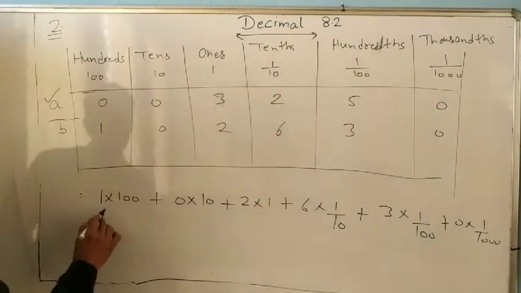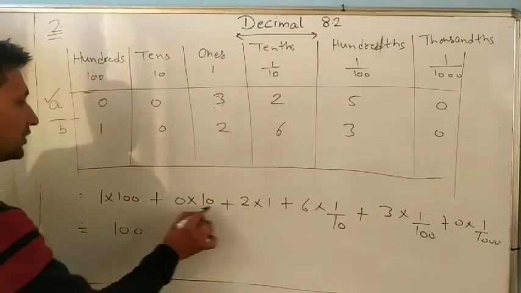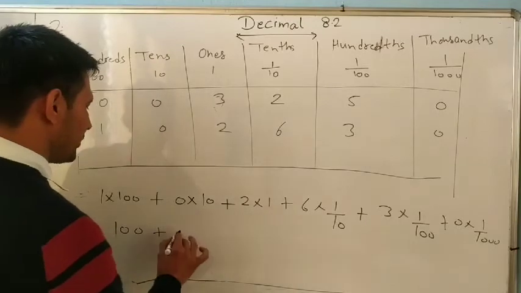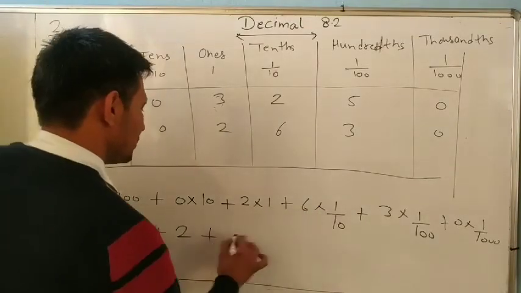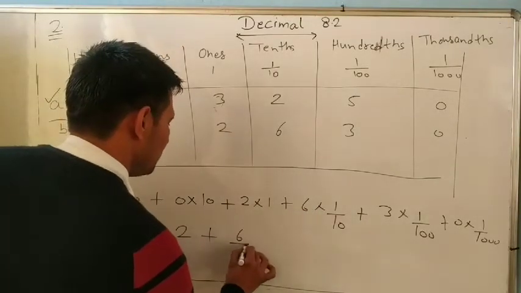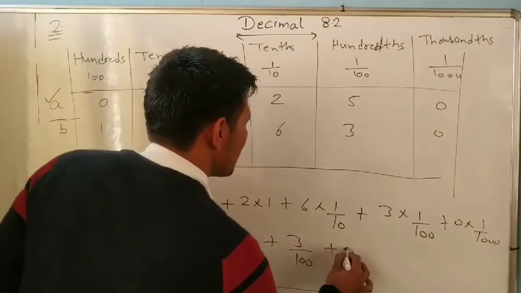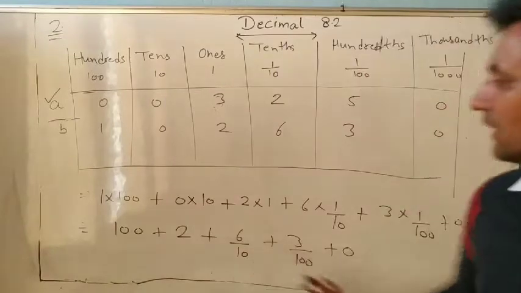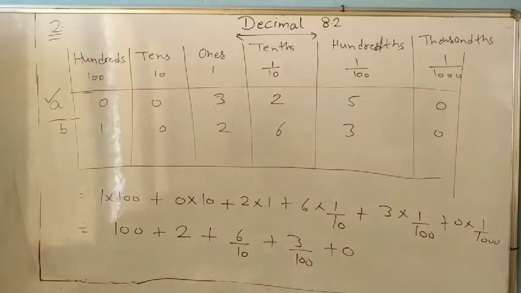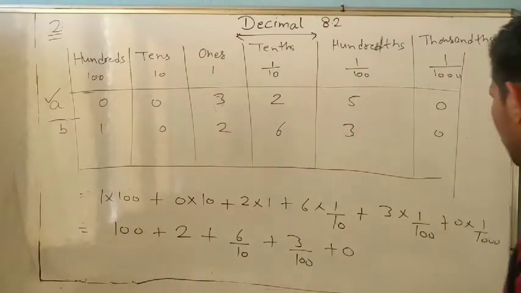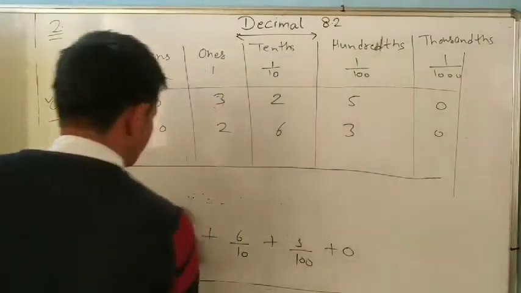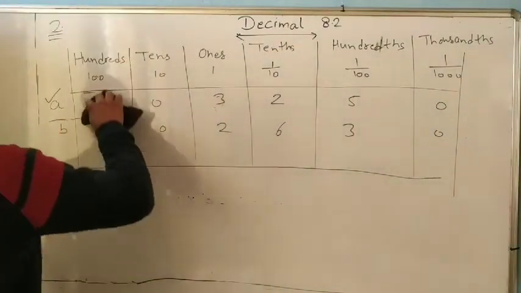Again 1 into 100 is 100, 0 into 10 is 0, 2 into 1 is 2, 6 into 1 upon 10 is 6 upon 10, 3 upon 100 plus 0. Like this we will write and add. Okay, so solve this question yourself. Question number 2.